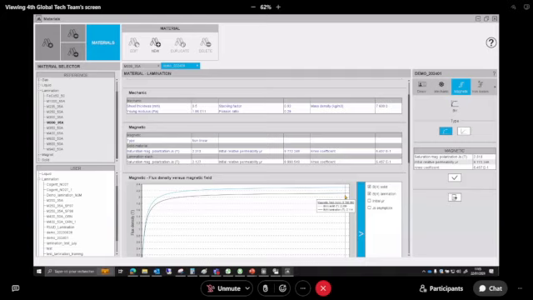So if you had measured on a ring, on a solid one, this is good. But if you have measured the BH characteristics on Epstein square, then you have to be careful because the lamination impact is already taken into account.